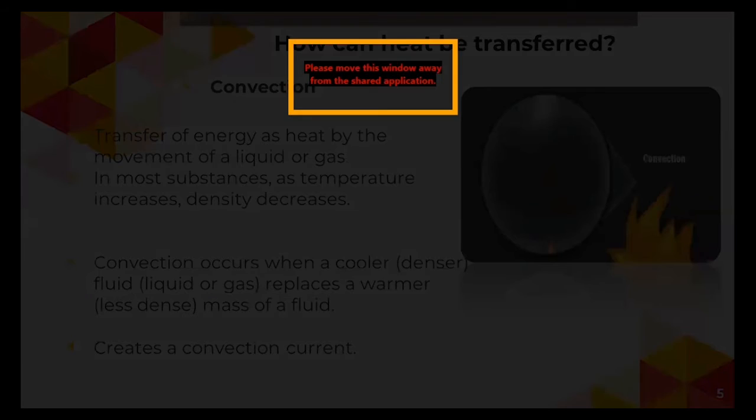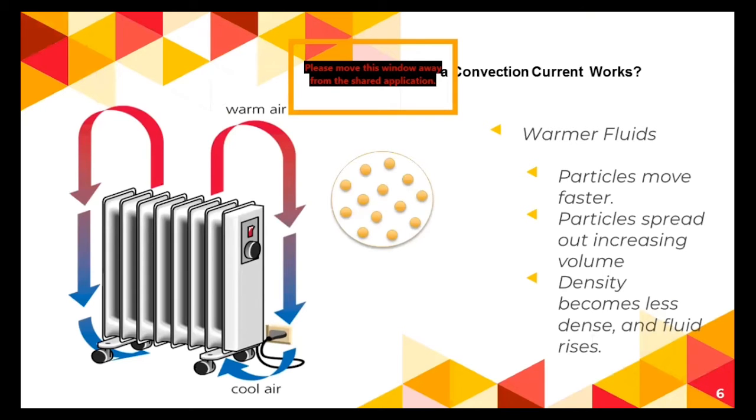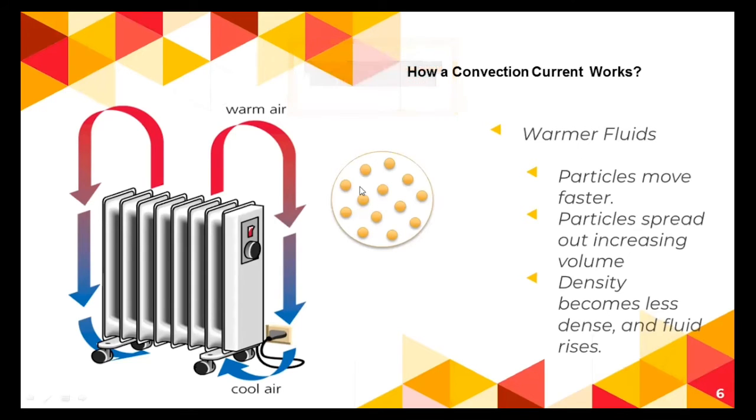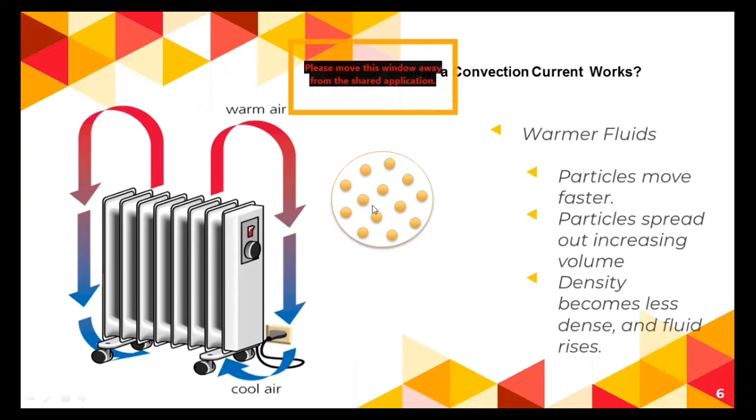Now, suppose that you have a radiator. We use them in our houses to warm our rooms, but how does it work? As you see, the diagram right here represents the warmer air at the upper part of the radiator. Now, what happens with the warmer fluid? Particles move faster, and as you see, they are apart from each other. Particles spread out, increasing volume.